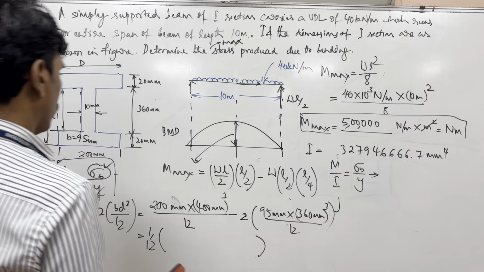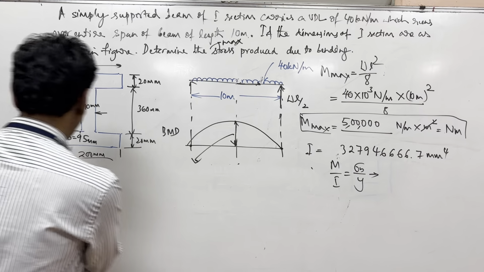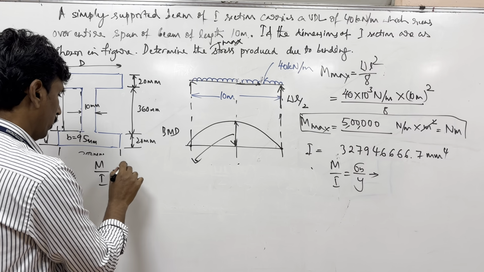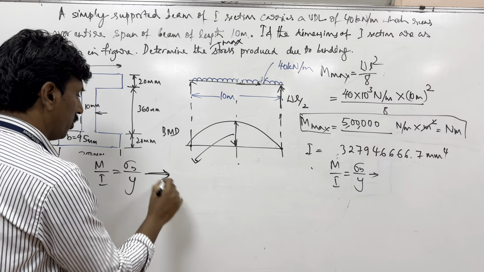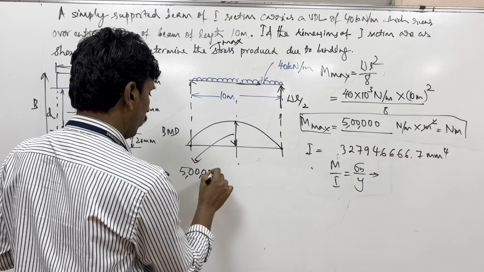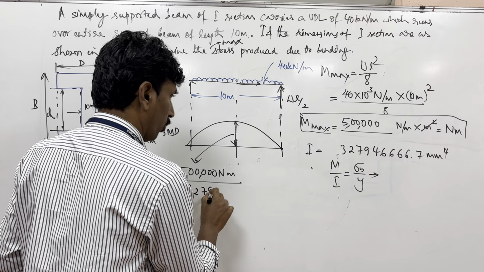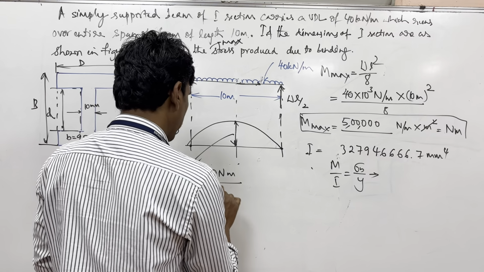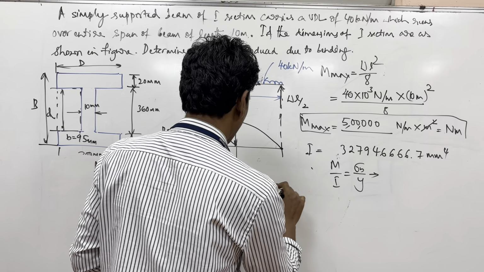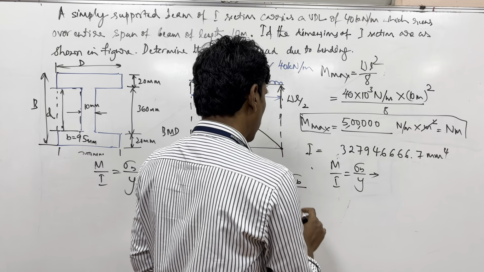M is 5 lakh Newton meters divided by I, which is 3279466.7 millimeter to the power of 4, equal to sigma b, which I have to find, divided by y.